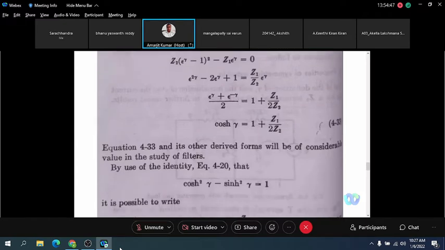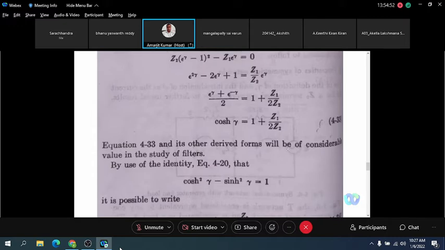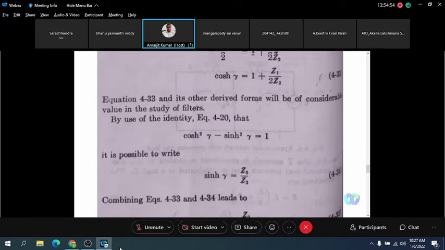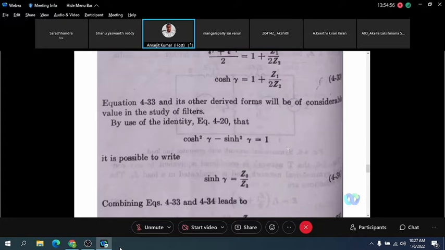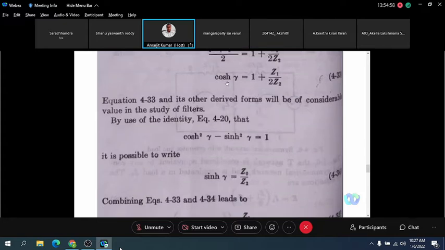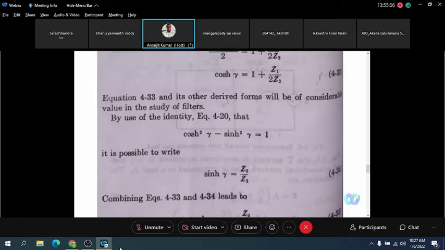So this cosh gamma, sinh gamma, and hyperbolic functions you know. What will be sinh gamma? Cosh gamma is equal to 1 + Z1/2Z2. What will be sinh gamma? This will be equal to Z0, which was equal to the square root of Z1 Z2 into (1 + Z1/4Z2), divided by Z2.